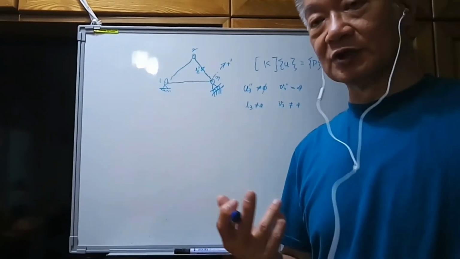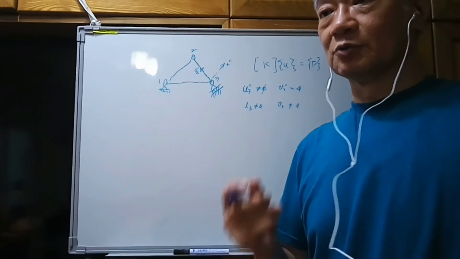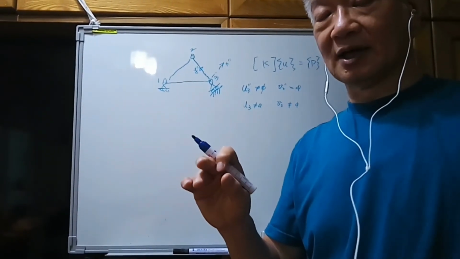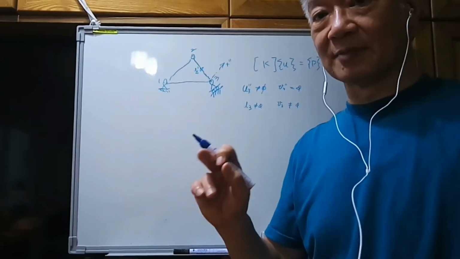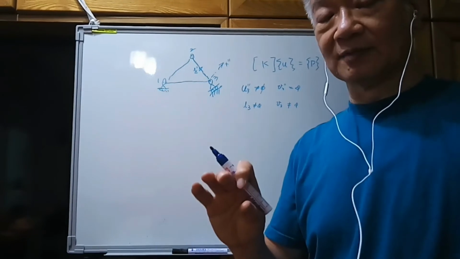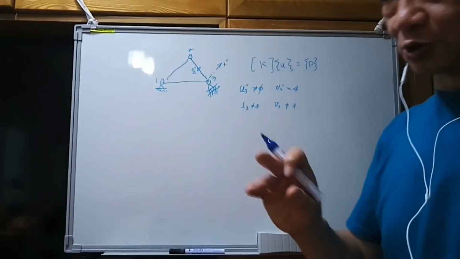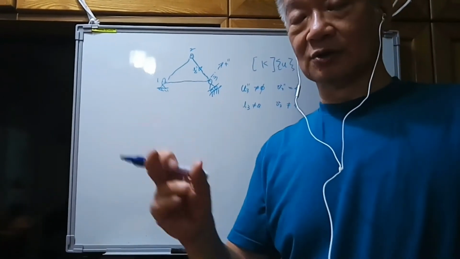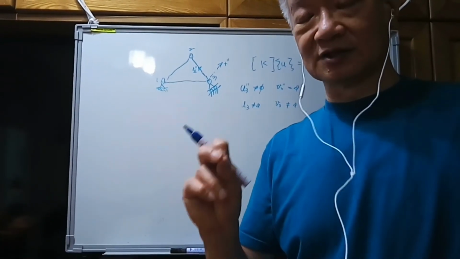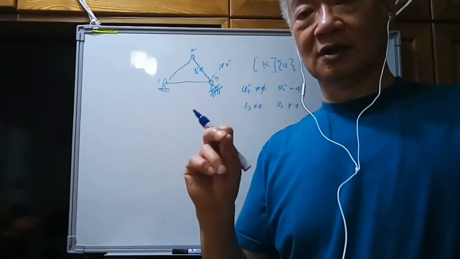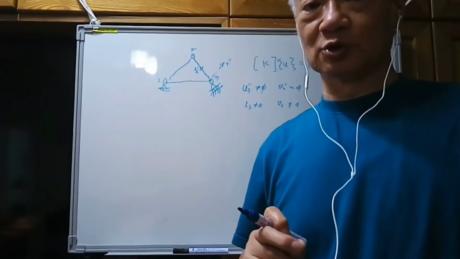For example, if we use the Berkeley's method, we just add a very large number. I call this number the K bar. We can add a very large number to the diagonal element. Then we can restrain the results of this element, which must be equal to 0.